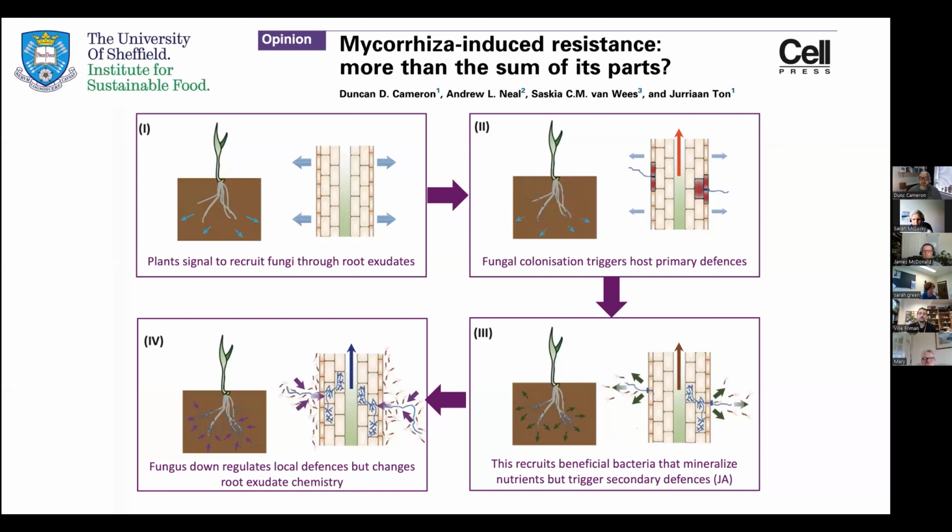And we know that in some cases there have been observations that mycorrhizal fungi can cause the recruitment of beneficial bacteria into the rhizosphere, and they in turn can influence the host plant's defenses. So we have this multimodal mechanism of how the plant has essentially outsourced much of the regulation of its immune system to the organisms that live in its rhizosphere.